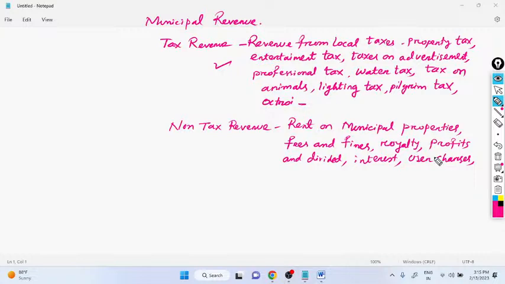User charges, that is payment for public utilities, include water charges, sanitation charges, sewage charges, that is called user charges.